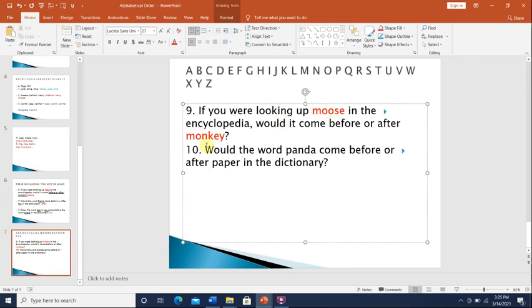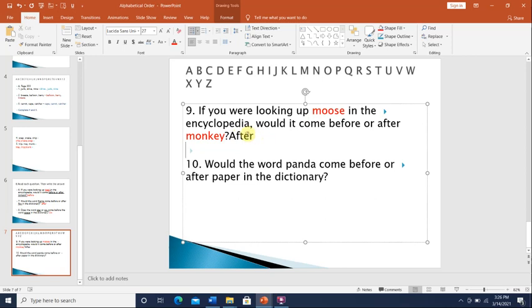The N comes before the O, so moose will come after. I will find the word moose after monkey. Understand? It's asking you if the word moose will come before monkey or after monkey. I said after monkey because O comes after N. So I will find the word moose after monkey.